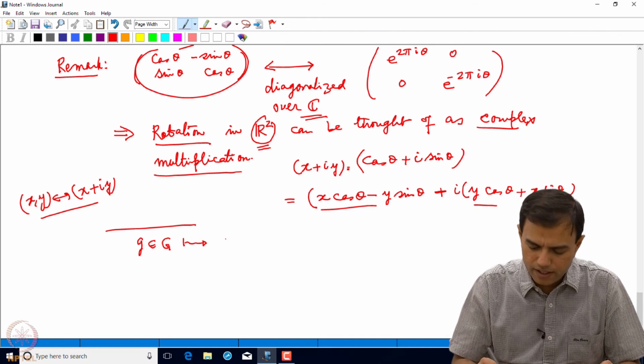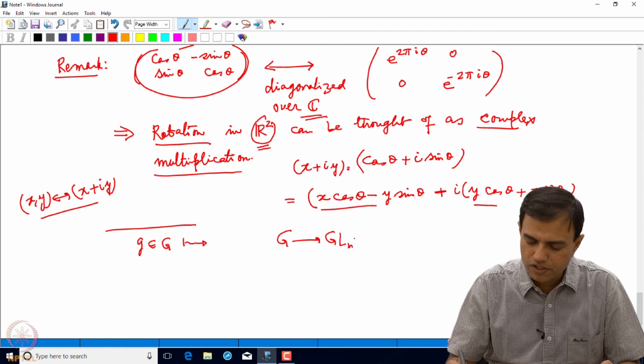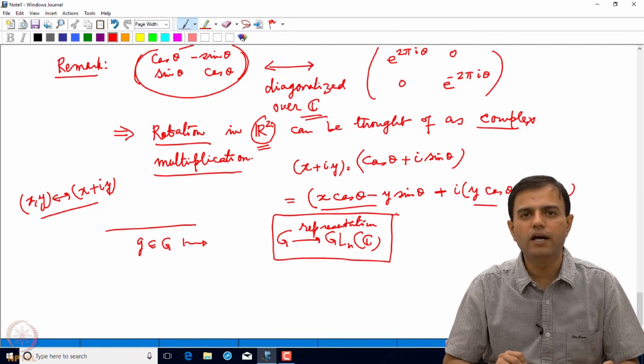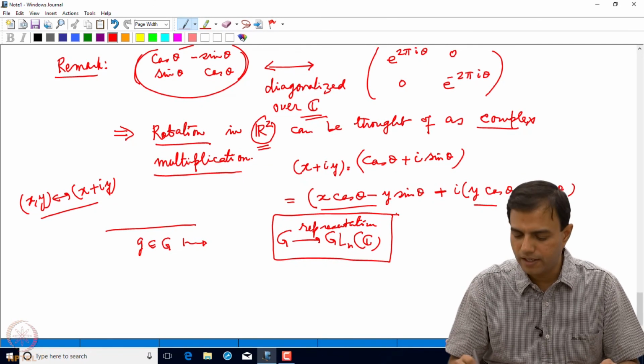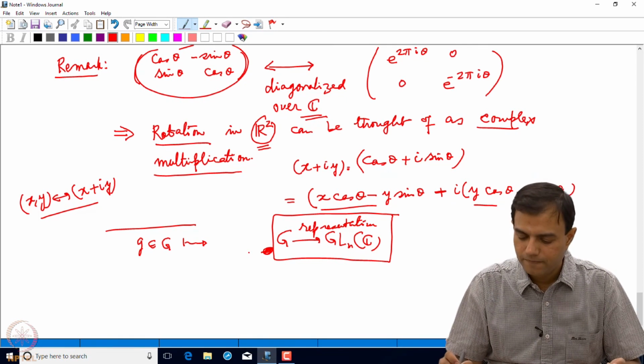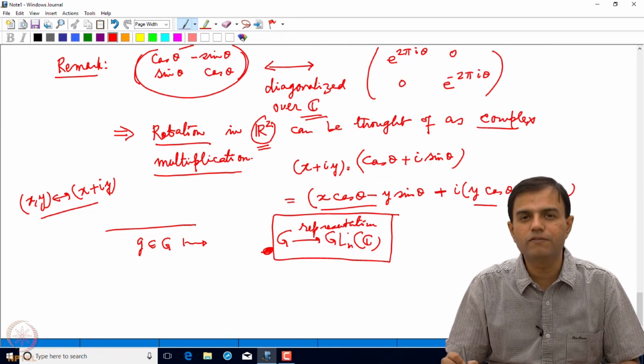Next time we are going to talk about what is called a representation in a formal way, which is an attempt to make every element a matrix, and there are certain applications, certain advantages of representations.